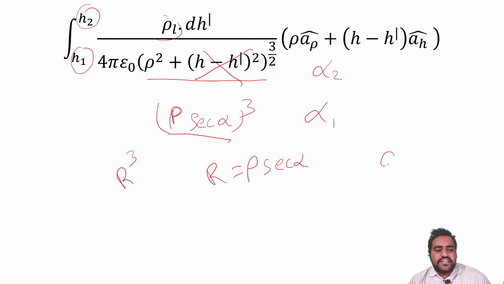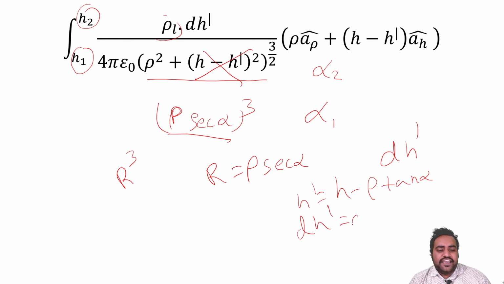But what is the differential element? dh prime, where h prime was equal to h minus rho tan alpha. So dh prime would be dh, that is not changing anywhere from the point, minus d rho tan alpha, minus rho d tan alpha.